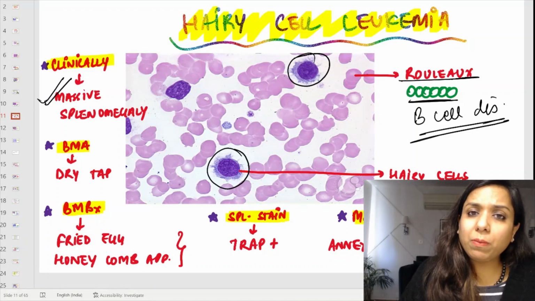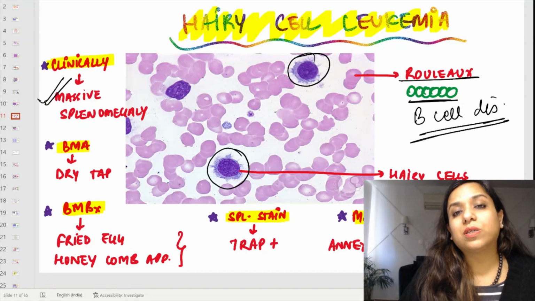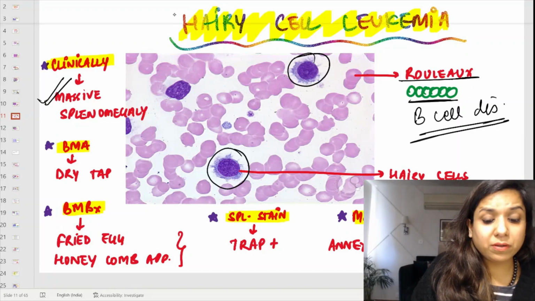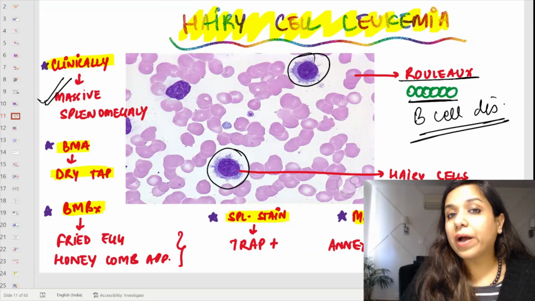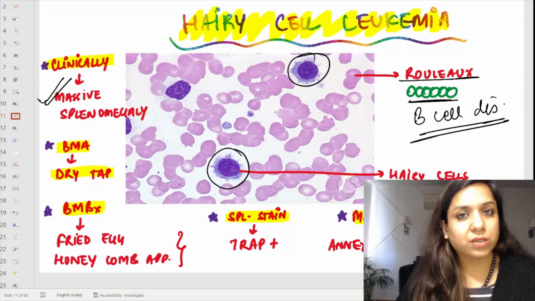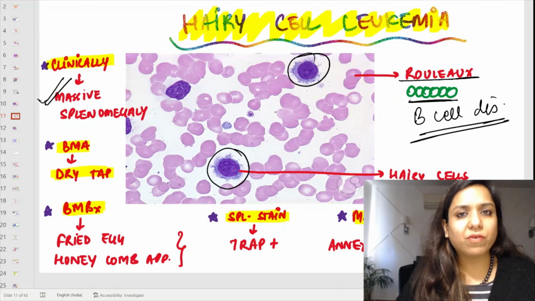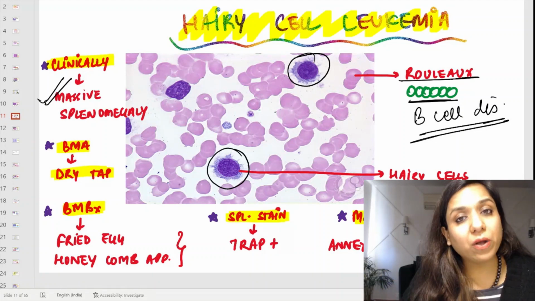When you do the bone marrow aspirate in a hairy cell leukemia patient, it usually shows the presence of dry tap. Another very important point, students. Why? Because these patients usually have myelofibrosis, right? In myelofibrosis, you usually have dry tap. That is why what we have to do is bone marrow biopsy.